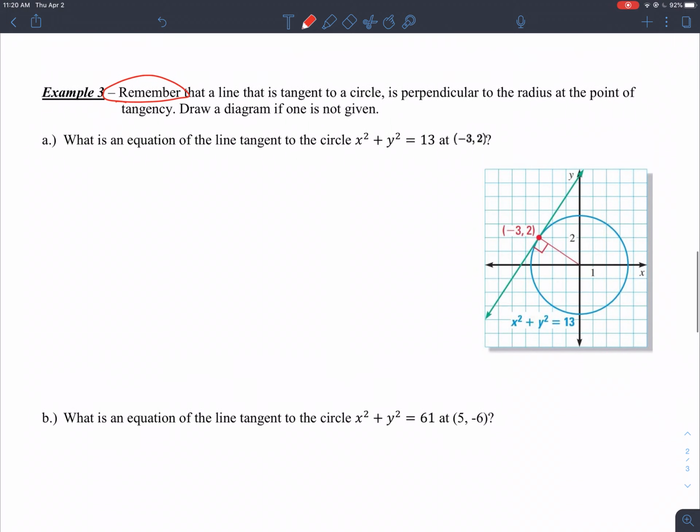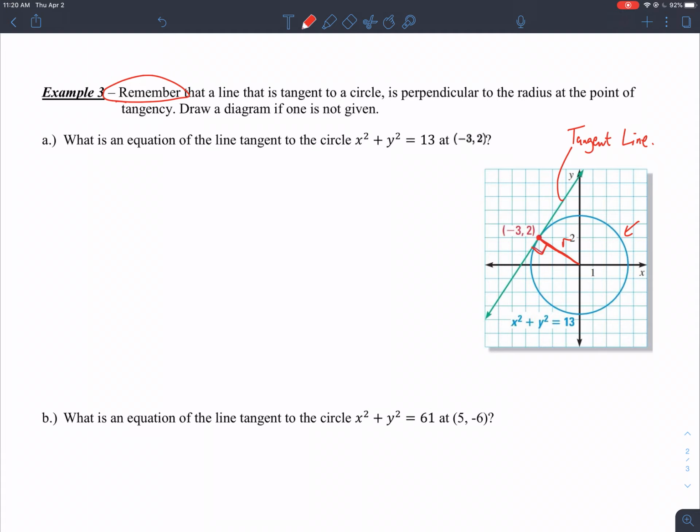So I'm going to label this, and then we'll do example B. This is the tangent line, this being the circle, and it is perpendicular to the radius, this is the radius, at the point of tangency. The point of tangency is where the tangent line touches the circle. It only touches the circle once, in that exact point, okay?